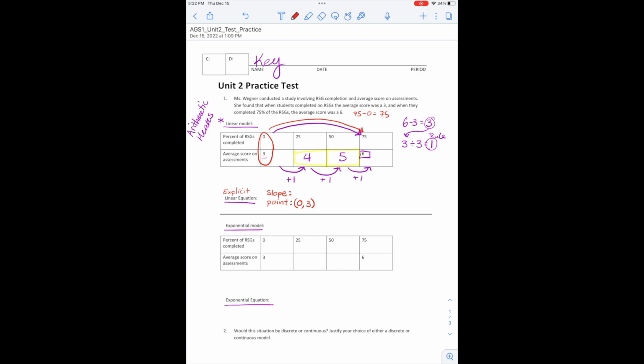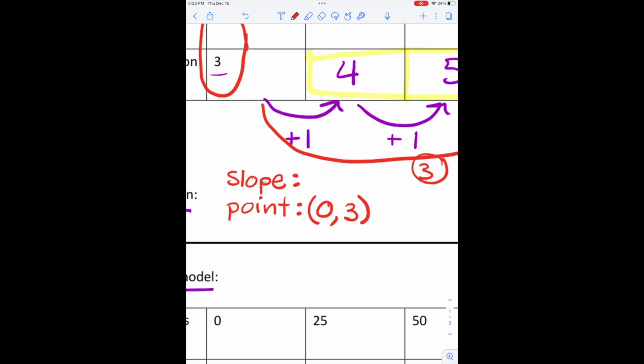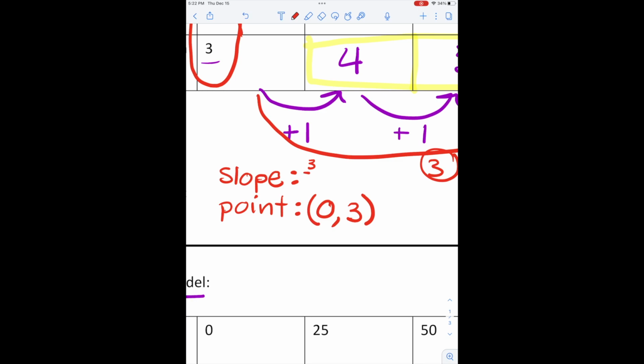So this jump is really 75 little itty bitty teeny tiny jumps. And again, we can figure out from 3 to 6, how many jumps was that? Well, that's a 3 space. So our slope is going to be 3 over 75. And if we reduce that by dividing the top and the bottom of the fraction by the same number, we end up with 1/25.